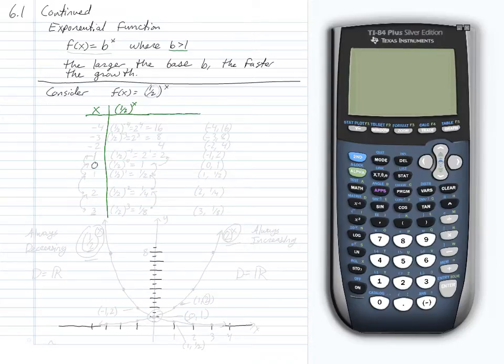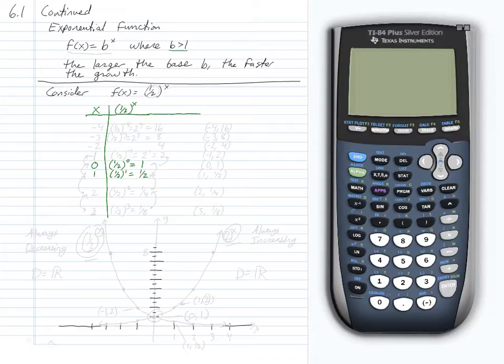Let's see what happens if we plug in 0. So 1/2 to the 0, well, we have a property of exponents that says that that is always 1. If we raise it to the first power, 1/2 to the first means 1/2.